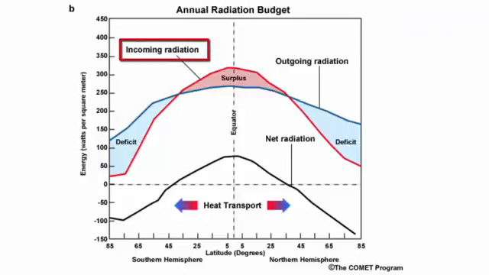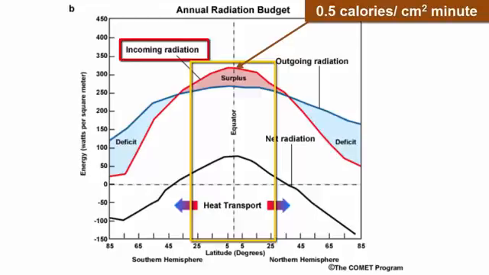This graph shows the actual value of incoming radiation in watts per square meter per year by latitude. Not the same unit we've been working with, but a comparable one. The lines confirm that the area between 25 degrees north and south of the equator, the tropical and equatorial zones, get the highest incoming heat, with numbers as high as 0.5 calories per square centimeter per minute, just to use our familiar unit.